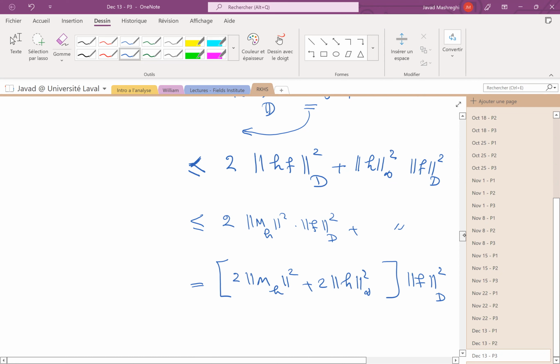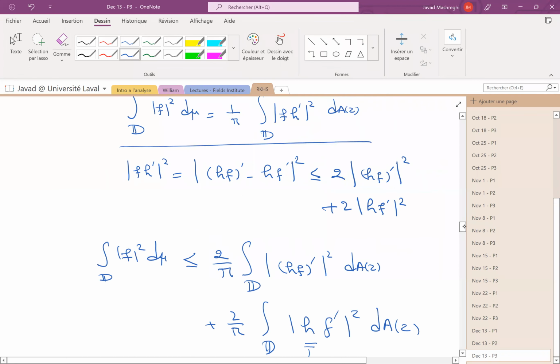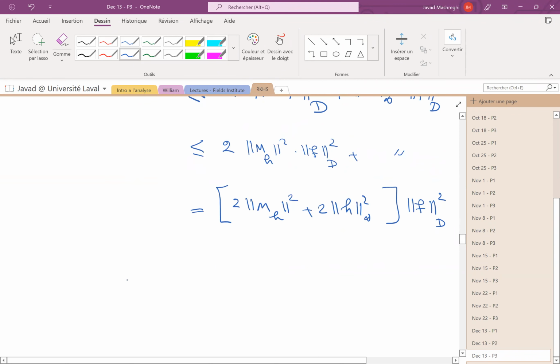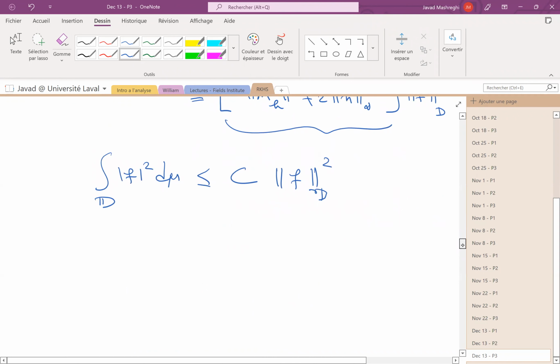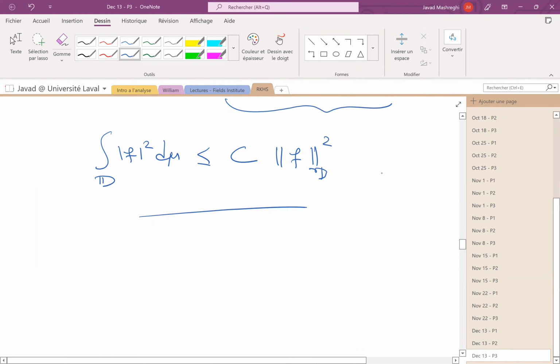What matters is that from the beginning, we have the norm of f squared with respect to dμ, and on the other side, there is a constant times the norm of f in the Dirichlet space. This is what I wanted to show. So that's one direction done.